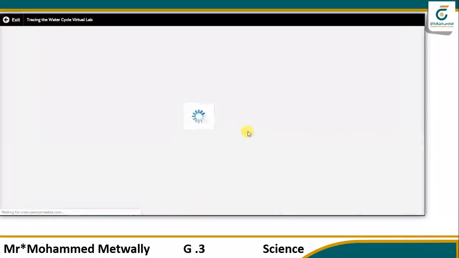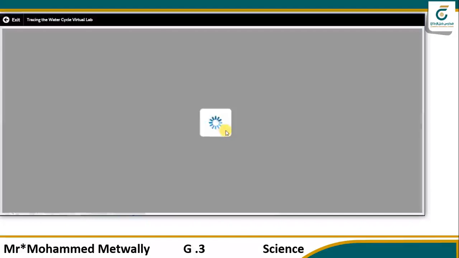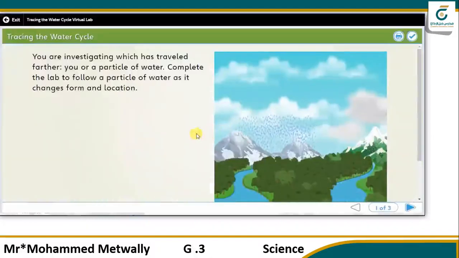Here you can follow a drop of water, and the drop of water will talk about itself. You can follow the drop of water to know more about the water cycle, and to guess and know the trace of the water cycle, what the water cycle contains inside. You are investigating which has traveled farther, you or a particle of water.